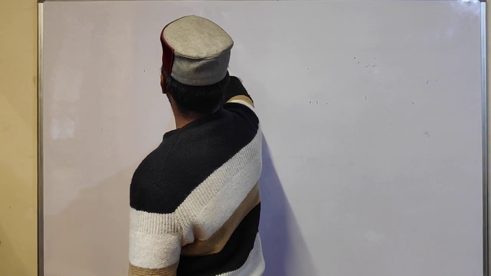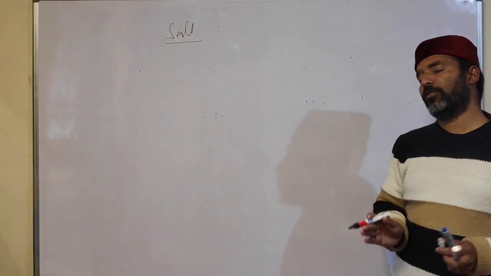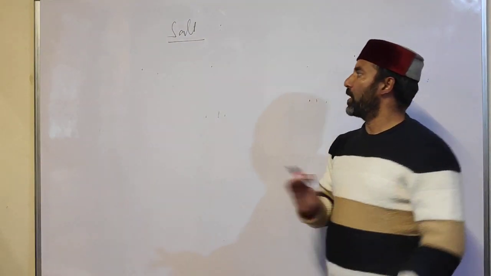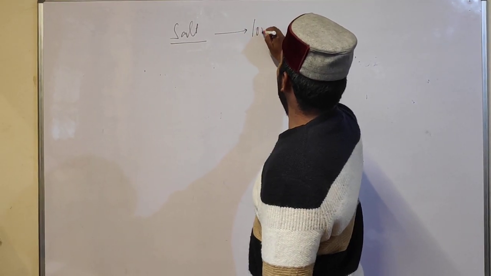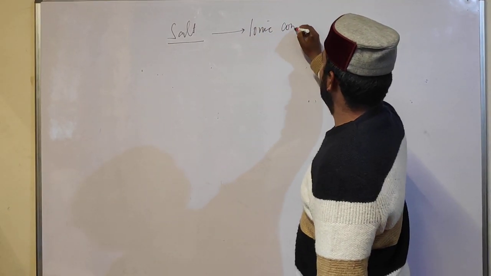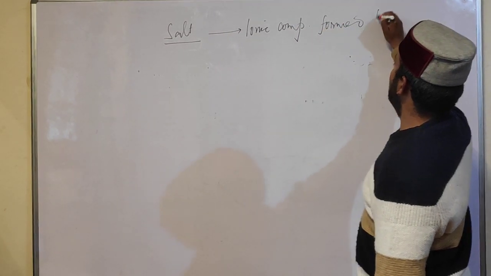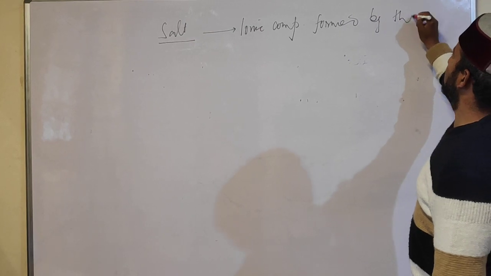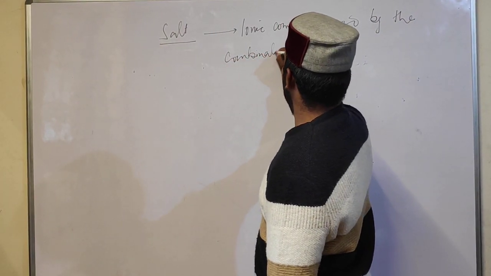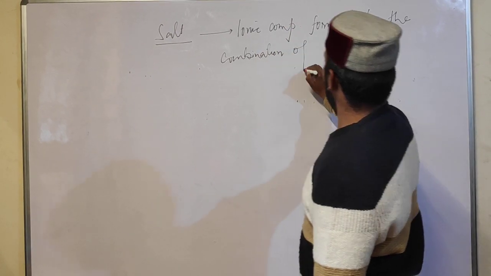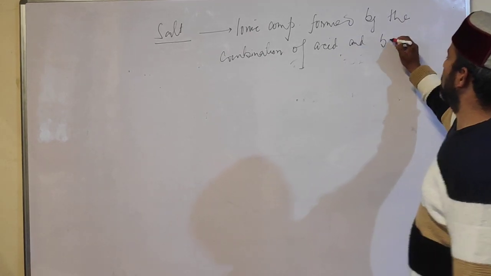Generally, salt is an ionic compound which is formed by a combination of acid and base. So, what is salt? Salt is generally an ionic compound which is formed by the combination of acid and base.